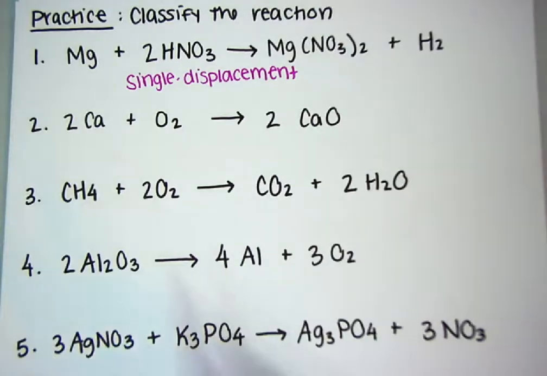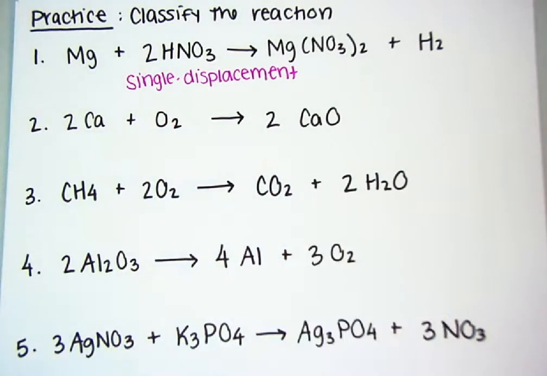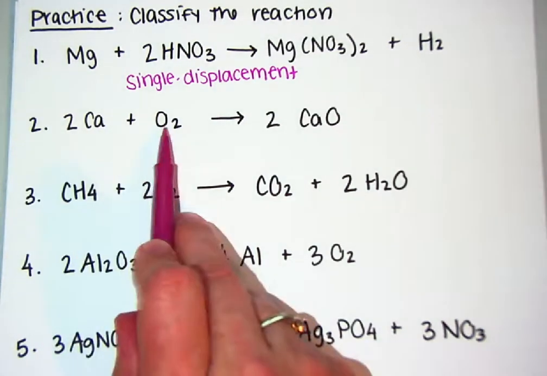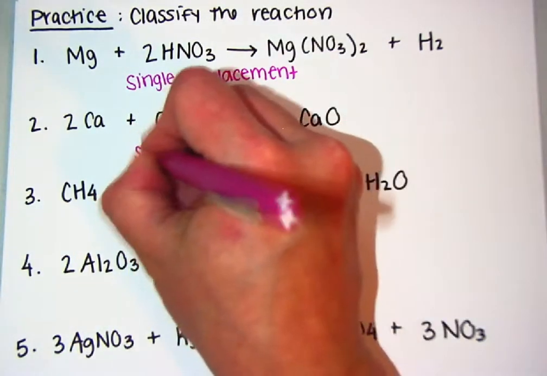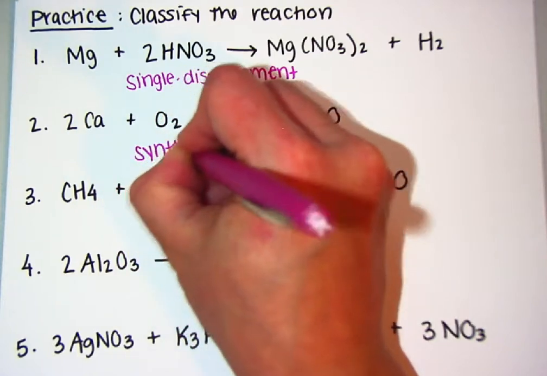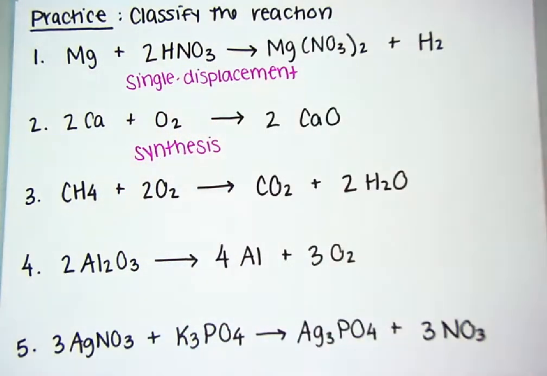Number 2, calcium plus oxygen produces calcium oxide. 2 reactants that are joining together to make one product. Number 2 is a synthesis reaction.